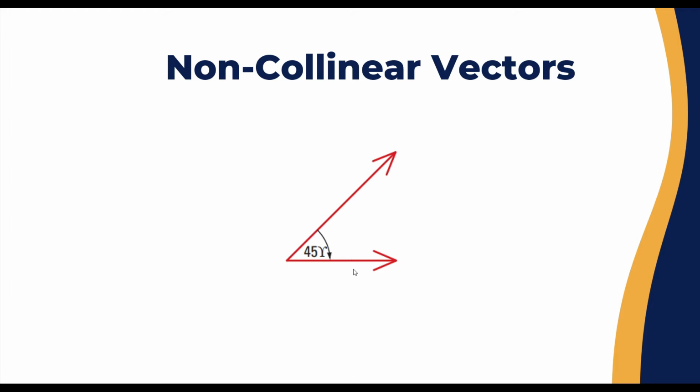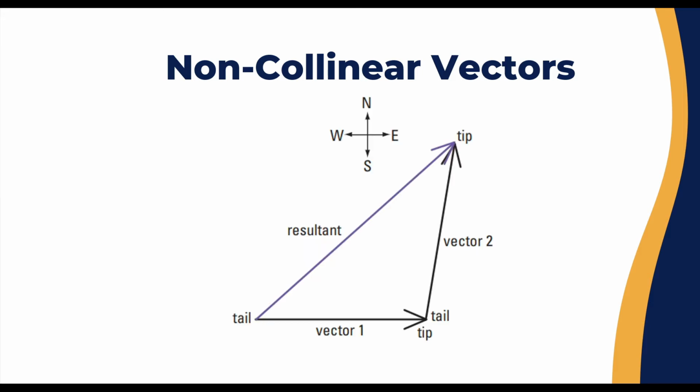While if each vector is going in a certain direction with a certain magnitude and angle, then we call them non-collinear vectors. So, vectors in more than one plane, in simpler words. If we have our directions as east, west, north, and south, you have vector 1 going east, that's the tail, and that's the tip of vector 1.